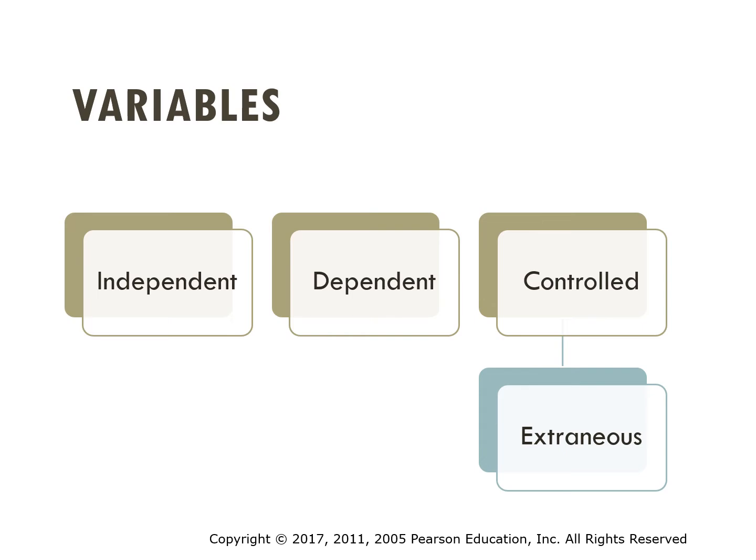When it comes to variables, there's a couple of different things we want to keep in mind. First is independent variables. The independent variable is the thing that is the intervention, if we're talking about PICO. It's the thing in the experiment that the researcher will alter in some way.